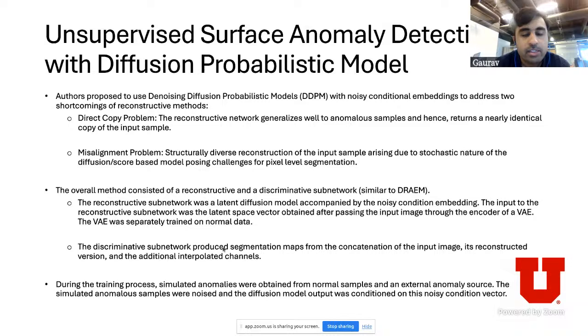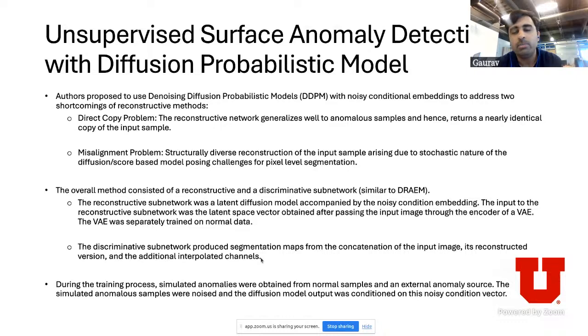The discriminative subnetwork produces segmentation maps from the concatenation of the input image, its reconstructed version, and additional interpolated channels. So in this particular case, they also had a discriminative subnetwork, but it had an innovation, which involved additional interpolated channels along with the input image and the reconstructed image.